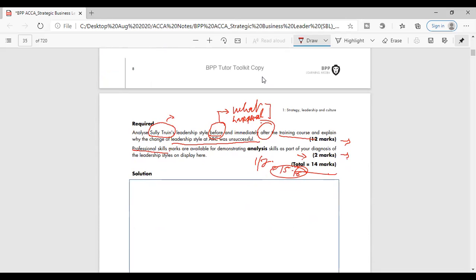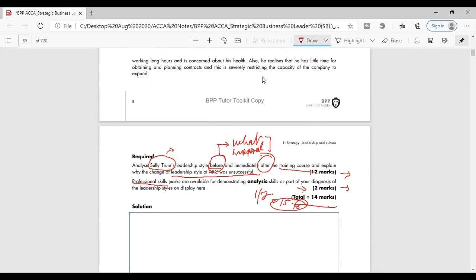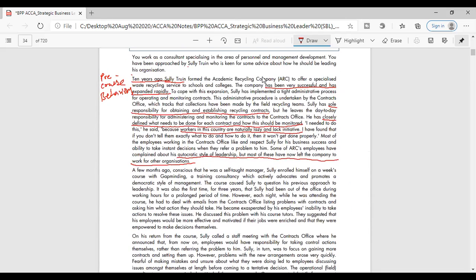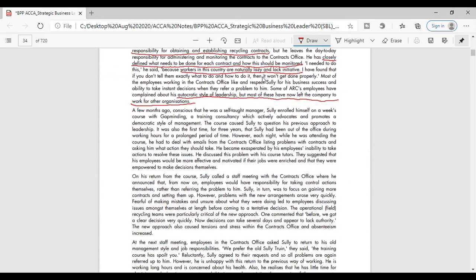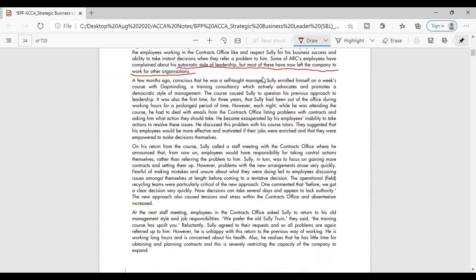Yeah. Now that's the benefit of reading the question and highlighting the key points. Now you can point out what you are looking for. Let's continue reading. So he went to a training course provider which promotes a democratic style of management.